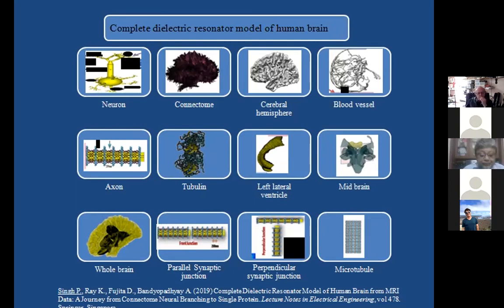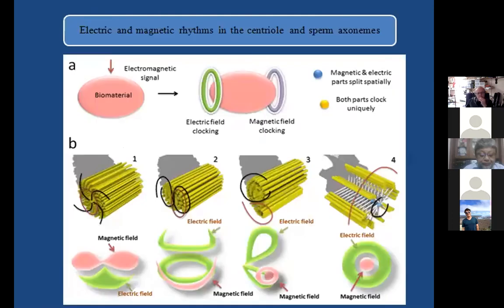So the electrical and magnetic rhythms in the centriole, in this biomaterial: the magnetic field, the electric field. What we got, a very interesting thing, is that in some biological entities we got the separation of electric and magnetic field.